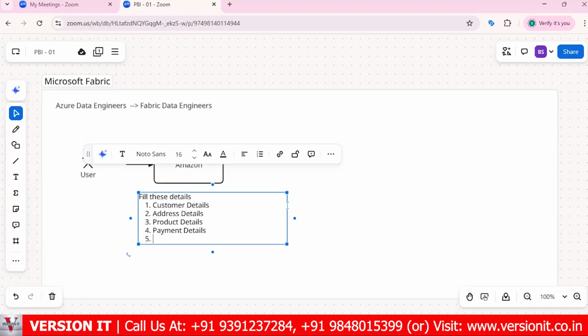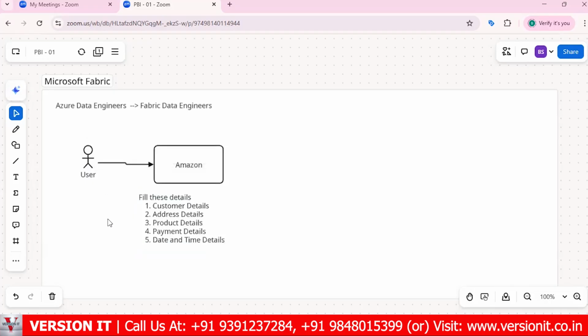And you're going to do this transaction at some point of time. For every transaction in the business, you're going to have a date and time also. I just captured a few things here; you may have more and more when you go for a transaction.